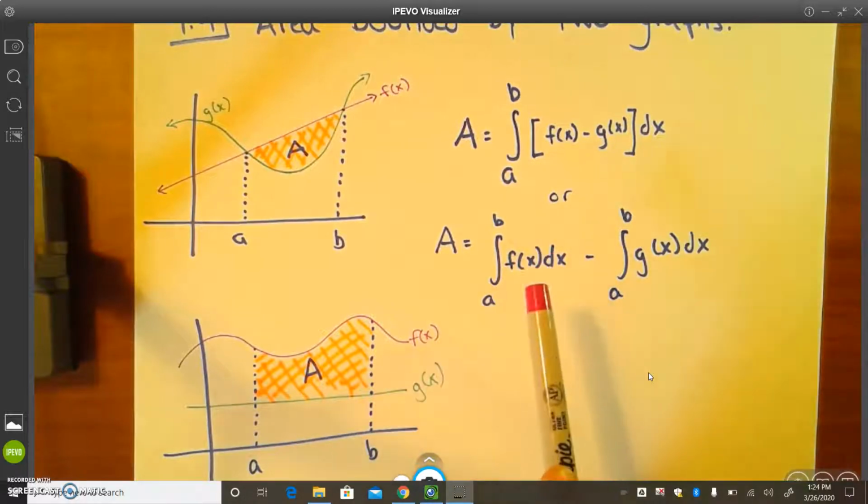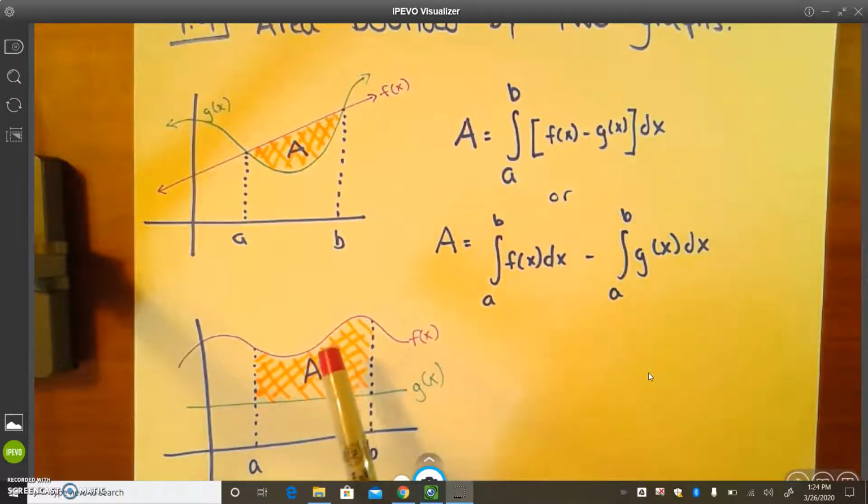Now, either way, I want to specify one very important distinction. It's the upper function minus the lower function. So this is where graphing knowledge comes in very useful. And you're lucky that with remote education, I can't really deny you a graphing utensil.